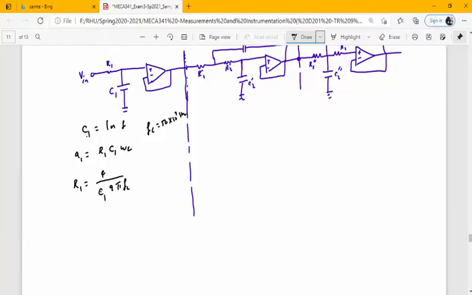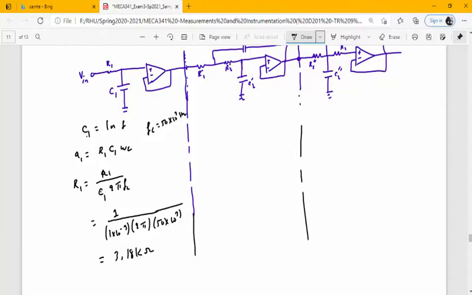Now we substitute: 1 over 1 nanofarad times 10 power minus 9, times 2 pi, times Fc of 50 times 10 power 3. This is equal to 3.18 kilo ohms. So we determined for the first part of the filter the values of the resistance and the capacitor.